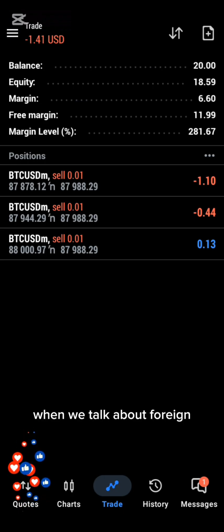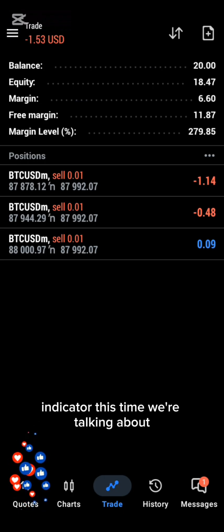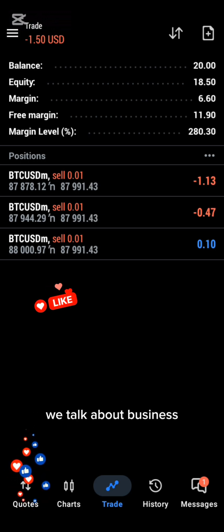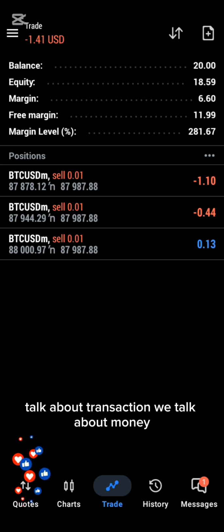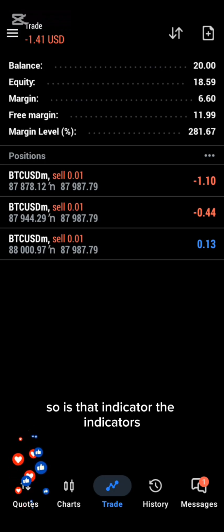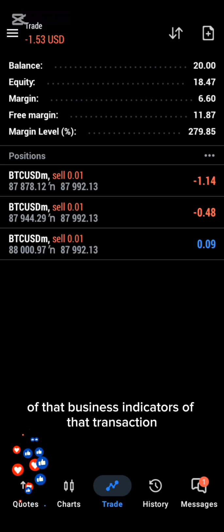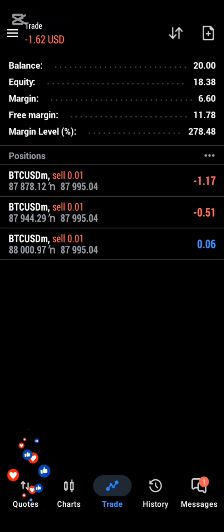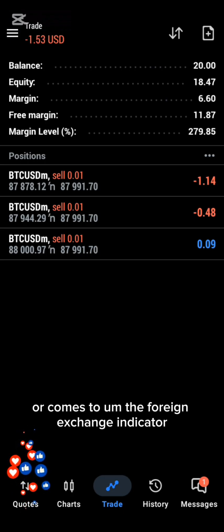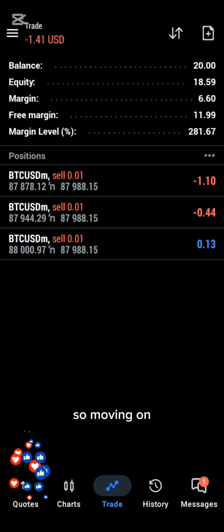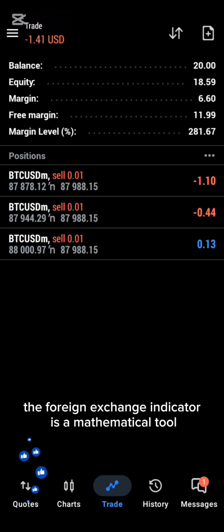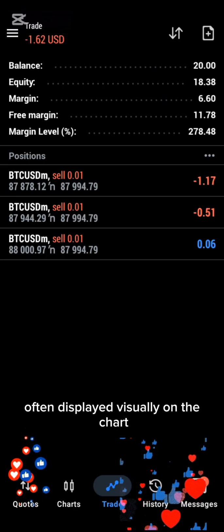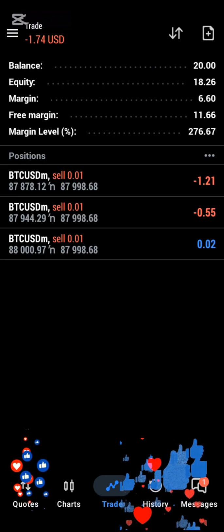So moving on, a forex indicator is a mathematical tool. When we talk about foreign exchange, we talk about business, we talk about transactions, we talk about money. So the indicators of that business, indicators of that transaction, that is what we are going to be talking about. The foreign exchange indicator is a mathematical tool often displayed visually on the chart.